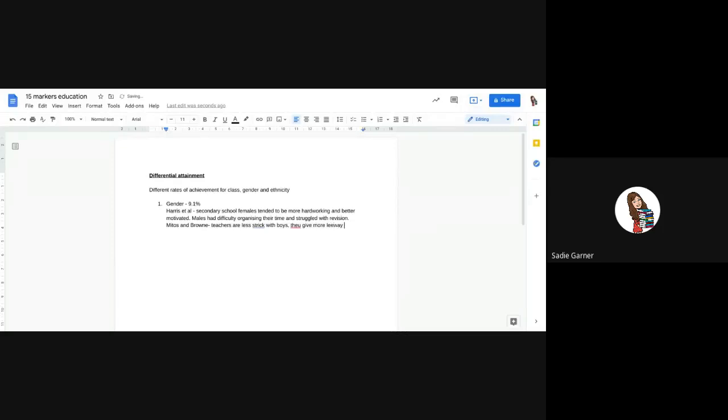They give more leeway with deadlines and expect lower standards of work. So I know Smith and Noble say 2 very different things, but we're just going to take that teachers are less strict with boys, they give more leeway with deadlines and expect lower standards of work.